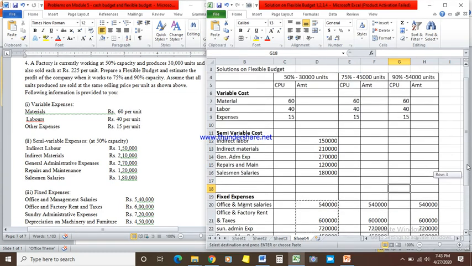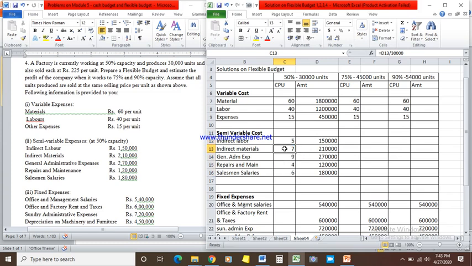Now with regard to the other details, what happens here? Material is 60 rupees per unit, so 60 multiplied by 30,000. Similarly, labor 40 into 30,000, 15 into 30,000. Now when it comes to semi-variable cost, you divide each of the semi-variable costs by 30,000. Accordingly, you get a per unit figure.